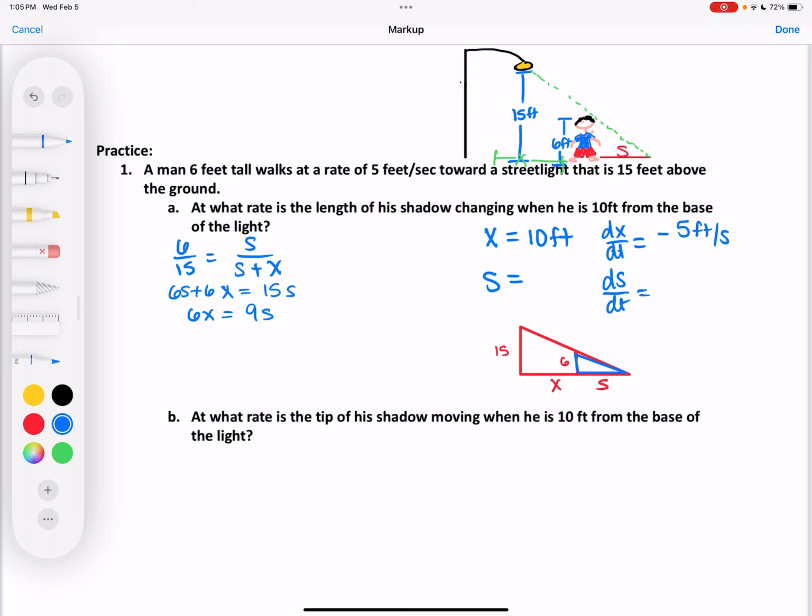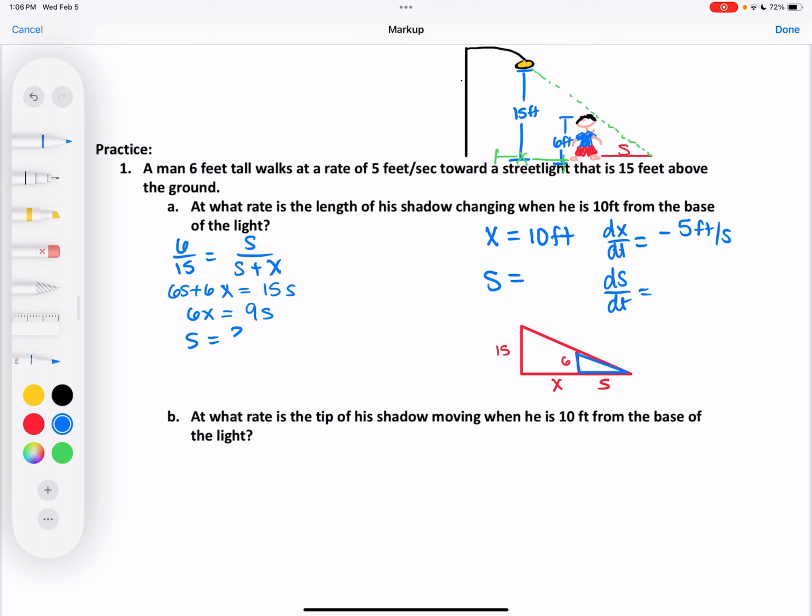Now, at this point, I could find S, but I'm not going to need it because that's not actually getting plugged in. Ultimately I'm trying to solve for ds dt because I want to know the rate that the length of his shadow is changing, so I would get S by itself. I would rewrite this as S equals 2/3 X. Now we take the derivative, so ds dt equals 2/3 dx dt.